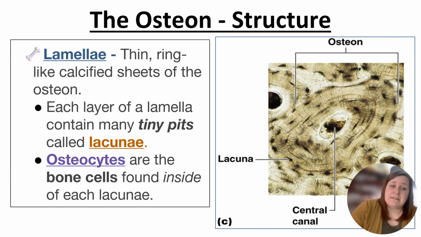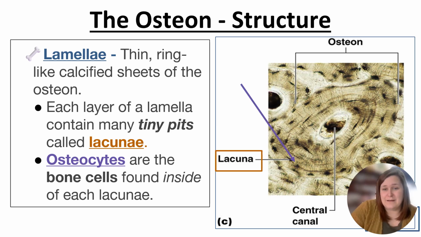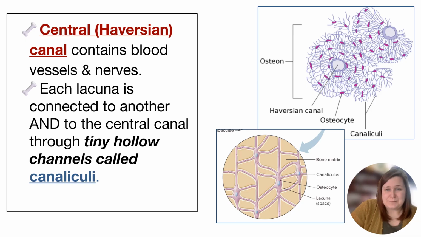And we call these pits lacunae. So lacunae, that is actually Latin for little cave. And inside those little caves is where our osteocytes are going to live. So our osteocytes are going to be the bone cells found inside of each lacuna, and they're so very important, and we will talk about why they're important in just a moment.